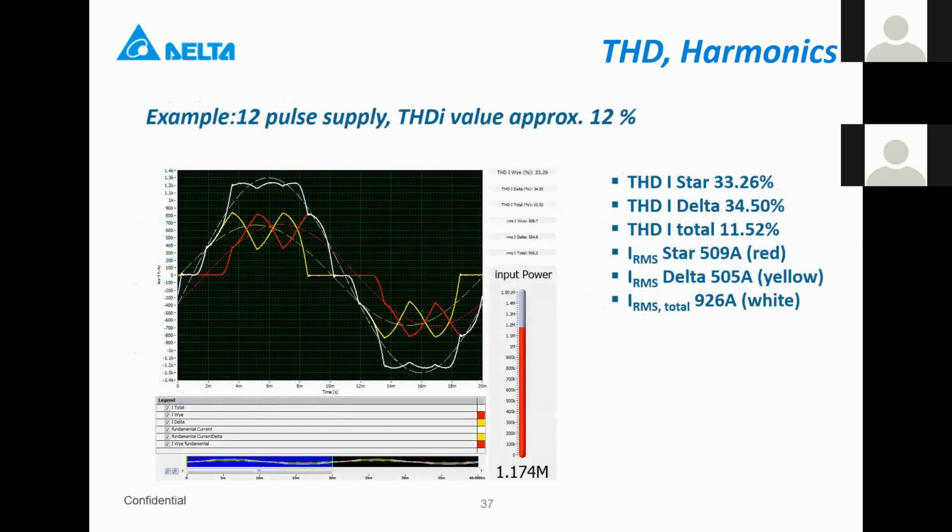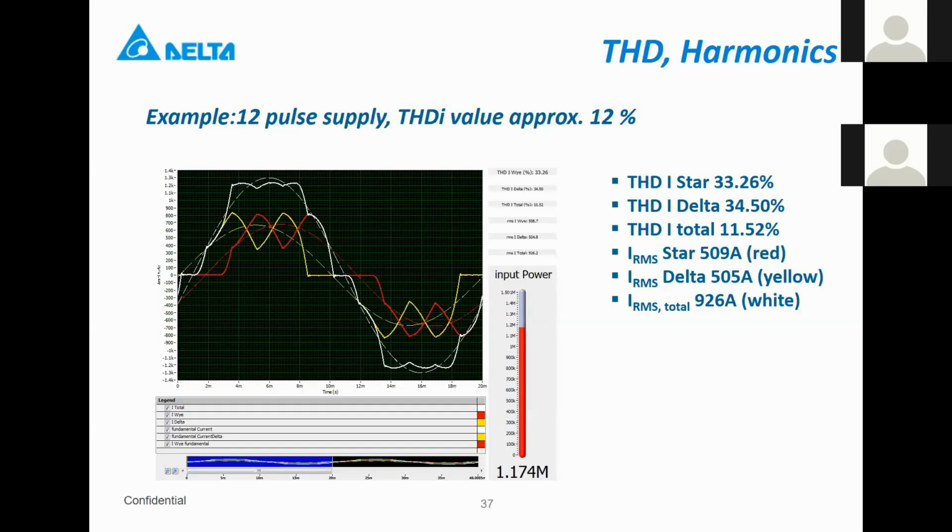An example of how it looks. Here you see the currents of a 12-pulse system. In red, we have the star output of the shift transformer. In yellow, we have the delta output of the transformer.